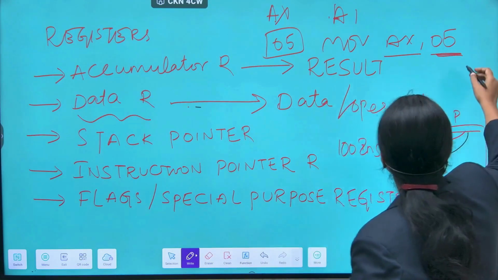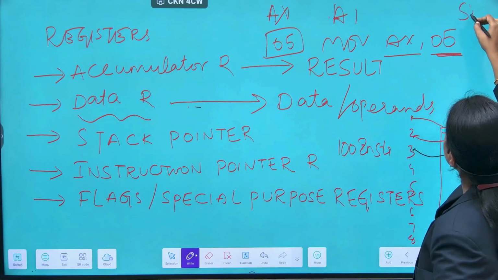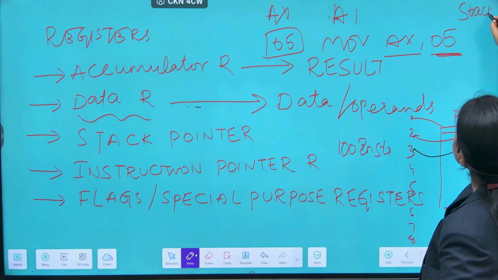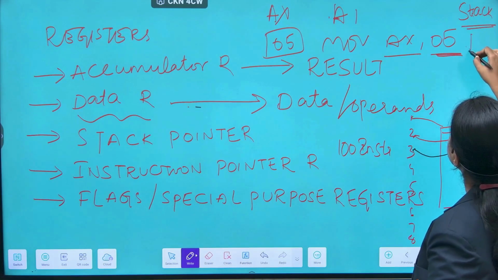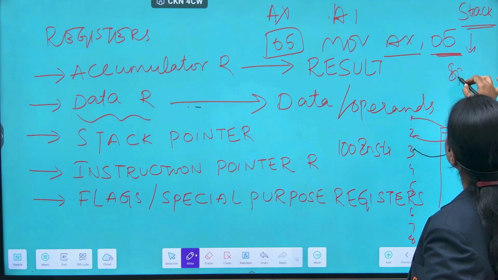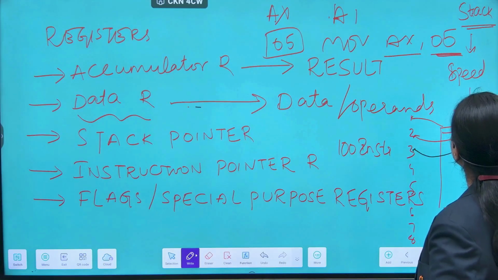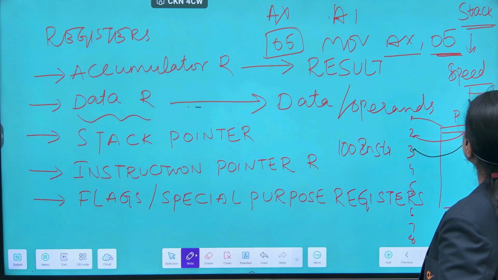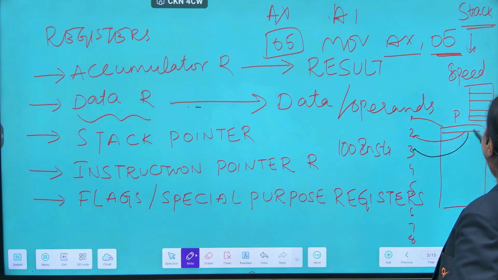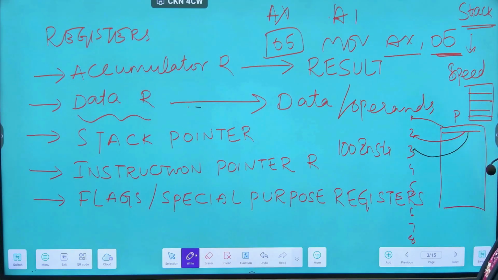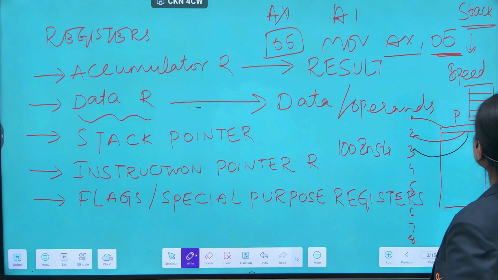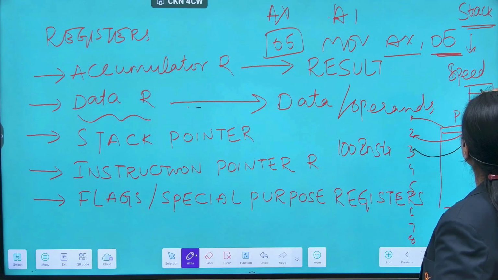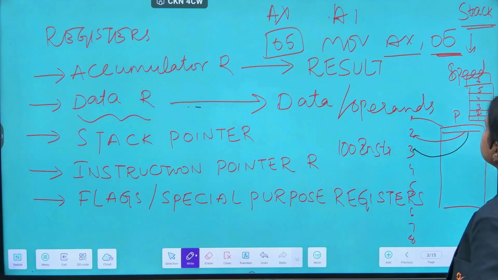So normally, we are having something called a stack. This is used to speed up the processor. So how does it speed up the processor? We have 6 byte stack, 12 byte stack, like that. Mostly used is 6 bytes.